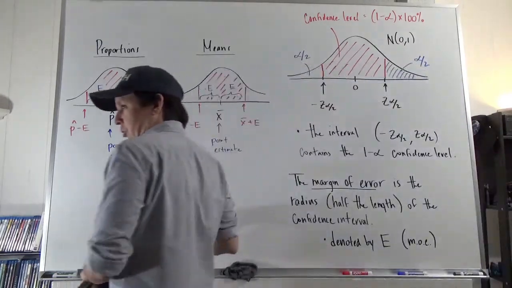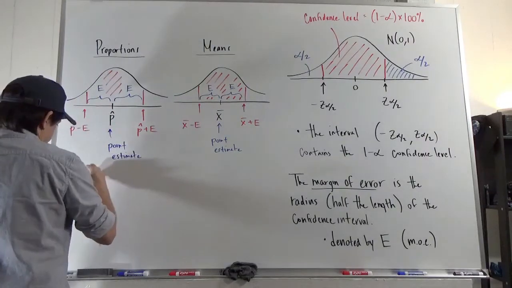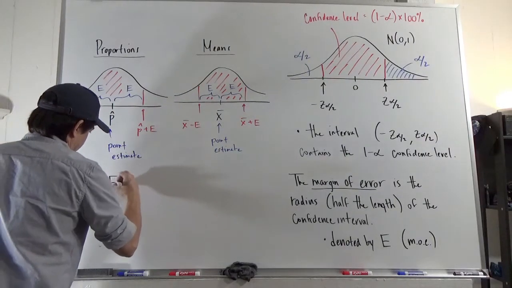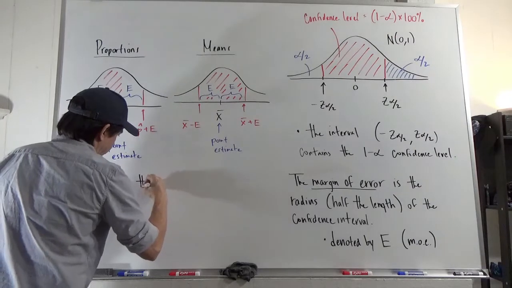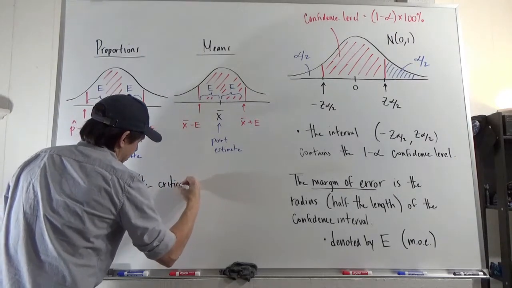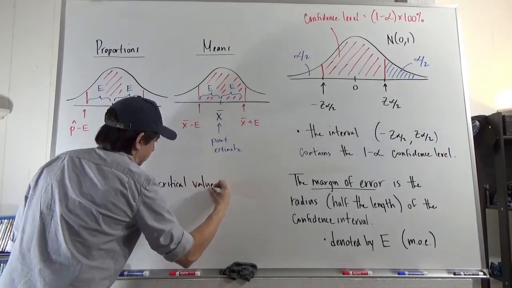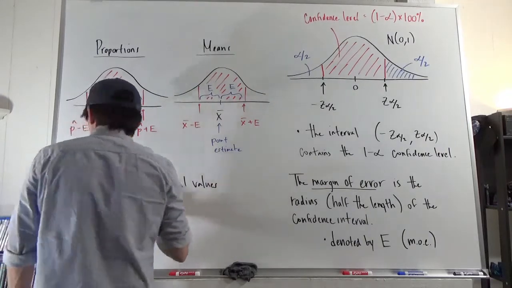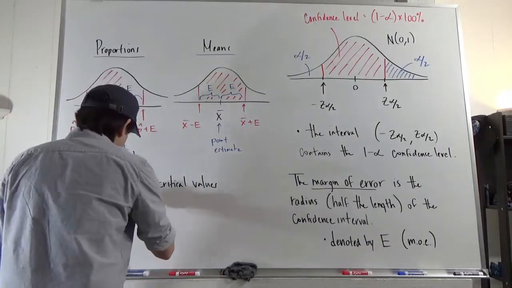Let me put my instructions here. I'm going to have you find the critical values for the following confidence levels.